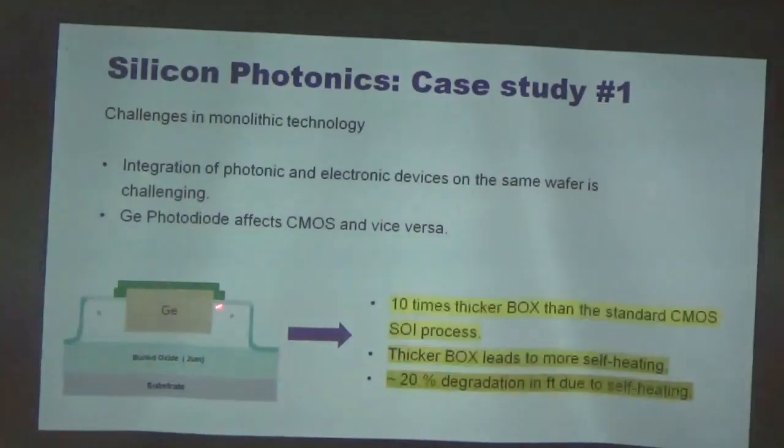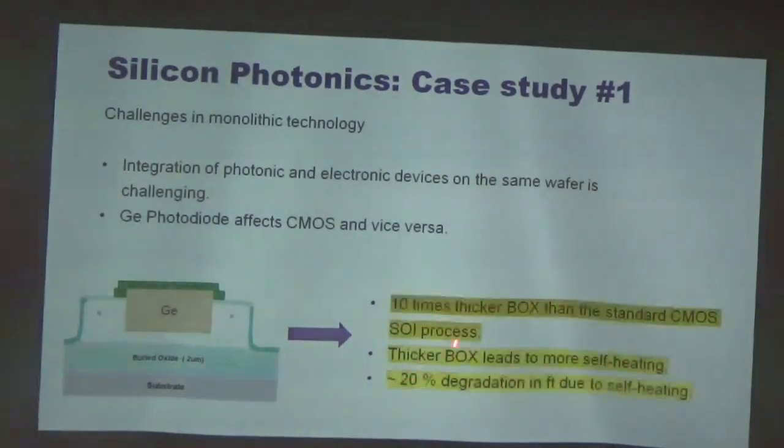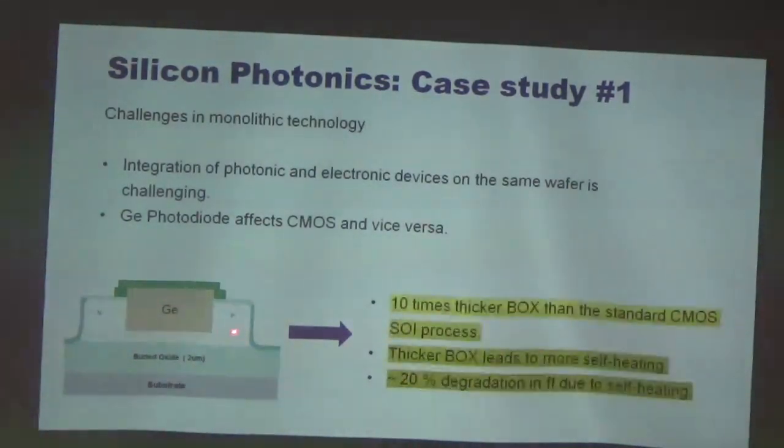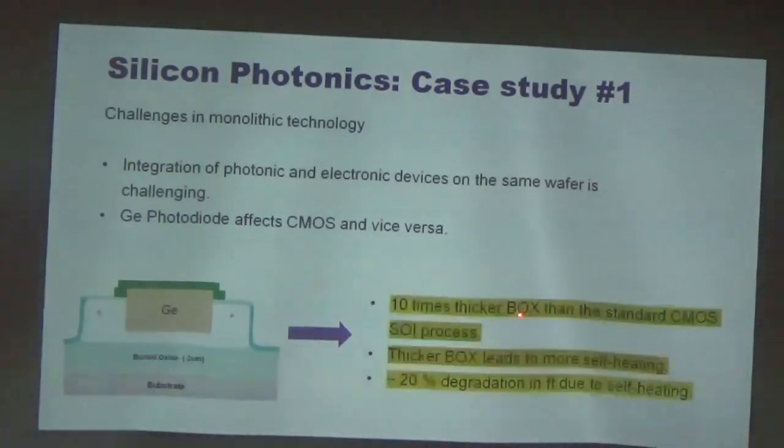This is about the silicon. I am talking only about the silicon. Because of the germanium diode, we have to make this buried oxide box almost 10 times thicker. If you don't want the diode, there is no need to increase the box.